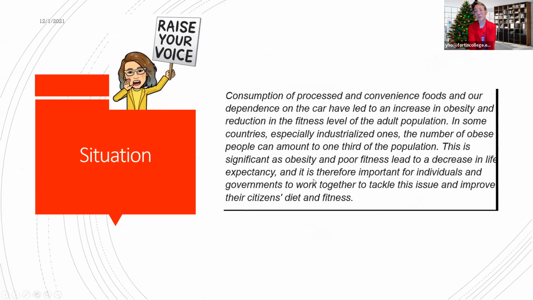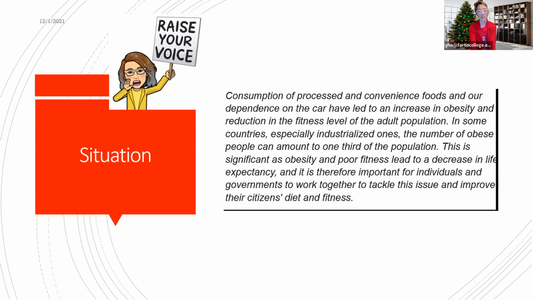So here's an example of a problem solution of a problem. Consumption of processed and convenience foods and our dependence on the car have led to an increase in obesity and reduction in the fitness level of the adult population. In some countries, especially industrialized ones, the number of obese people can amount to 1/3 of the population.